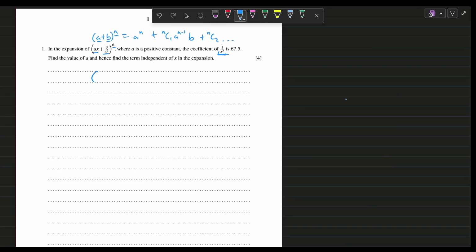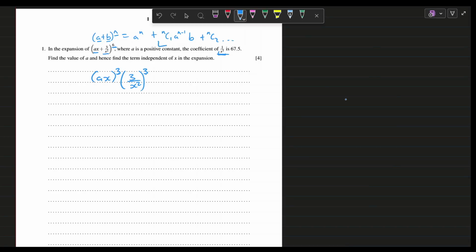So what if we raise our ax to the power 3 here, and then our 3/x² has to be raised to the power 3 as well, because 3 plus 3 gives us our 6. Our powers should add up to n.